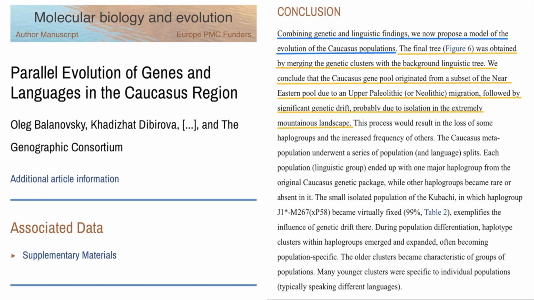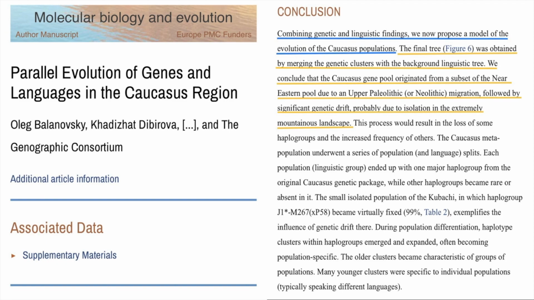We conclude that the Caucasus gene pool originated from a subset of the Near East gene pool due to an Upper Paleolithic or Neolithic migration, followed by significant genetic drift, probably due to isolation in the extreme mountainous landscape. So just to read the relevant part, basically the Caucasian gene pool originated from a subset of the Near Eastern gene pool.